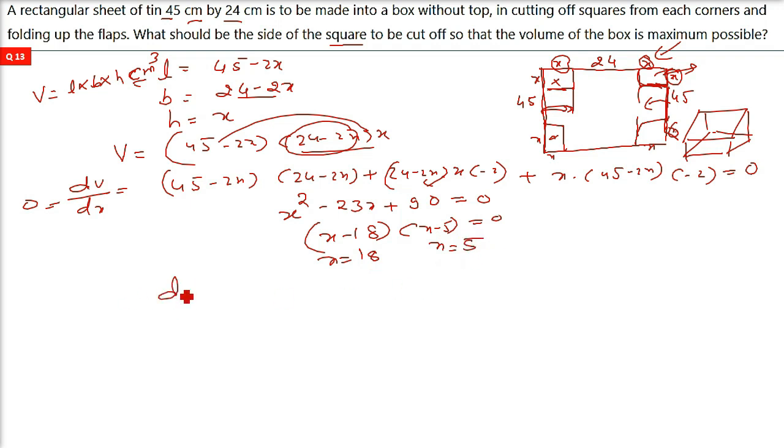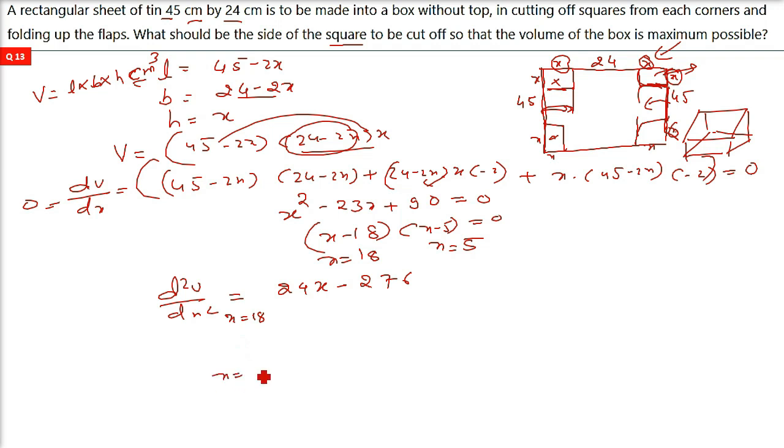5 and 18 are 2 possible values, and we need to check with d2V by dx2, the double differentiation. After double differentiation, we have to check for 18 and 5, that is, whether we are getting a minimum or maximum volume at 18 or at 5. When we double differentiate, the expression will be 24x minus 276.